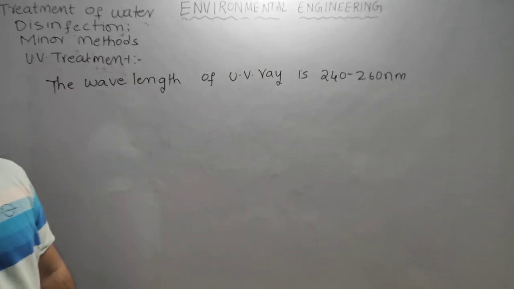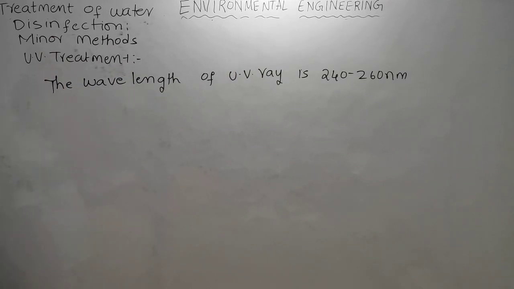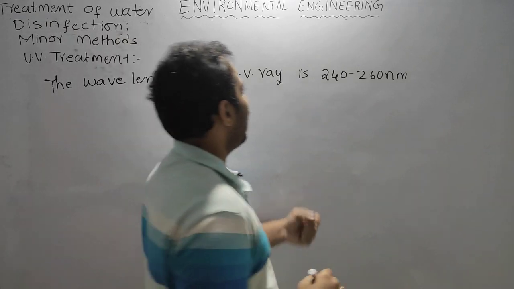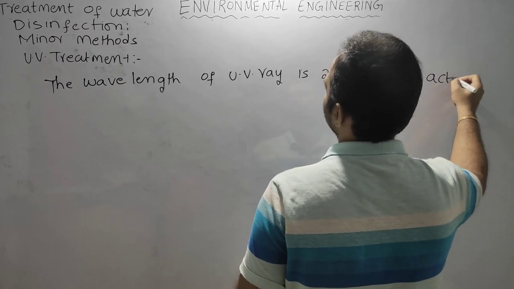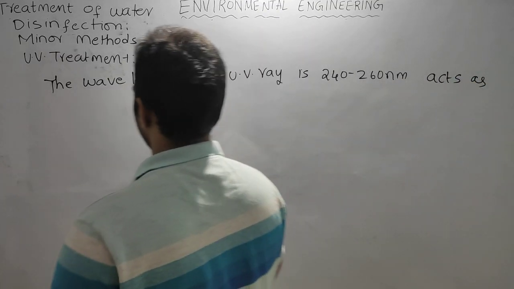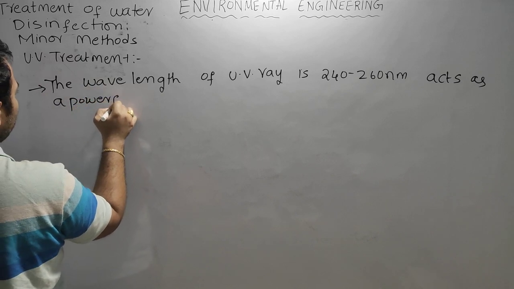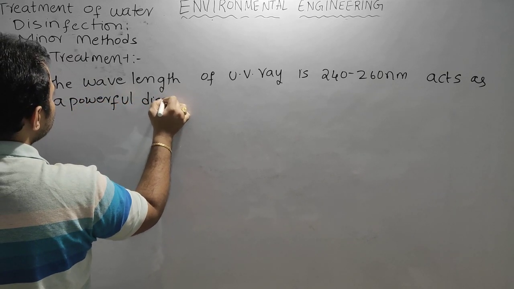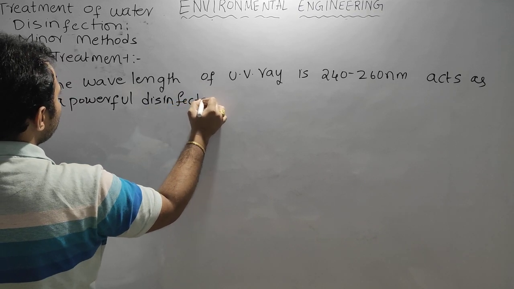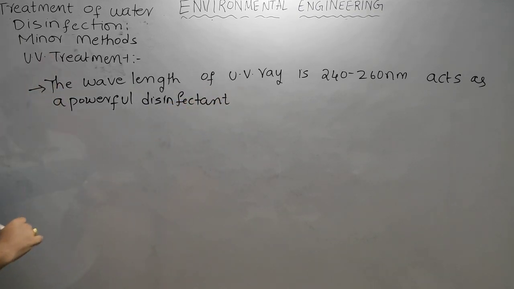Because of this wavelength, it acts as a powerful disinfectant. It also damages the cell wall of the bacteria or microorganism, and it kills it when it is in contact with this UV ray. So there will be a big UV chamber present.